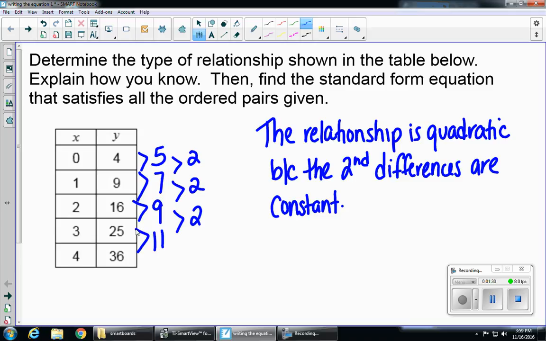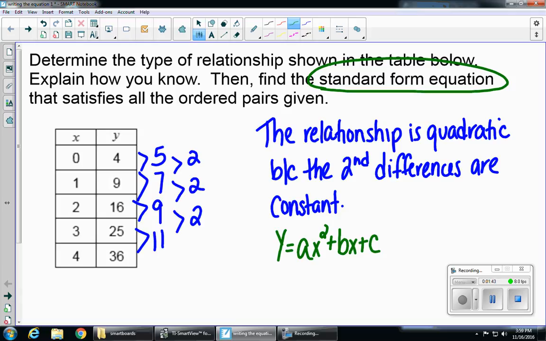So if I know that I have a quadratic equation, a standard form equation for a quadratic is y equals ax squared plus bx plus c. So I now need to write this equation, which means I need to find out what's a, what's b, and what's c. If we take a look at our table, you're given the point 0, 4.